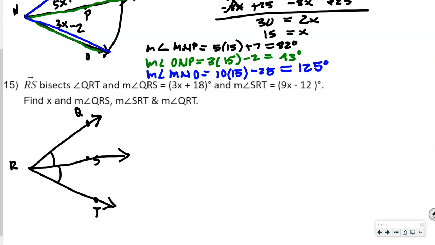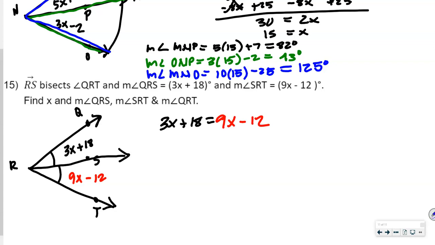So we're going to go ahead and put in the top angle QRS, that this is 3x plus 18, and then this bottom angle is going to be 9x minus 12. And we know that those two angles are equal, right? So we're going to say 3x plus 18 equals our 9x minus 12, okay?